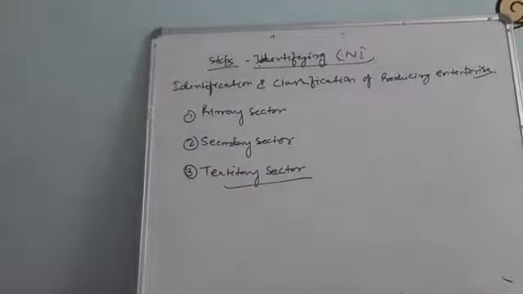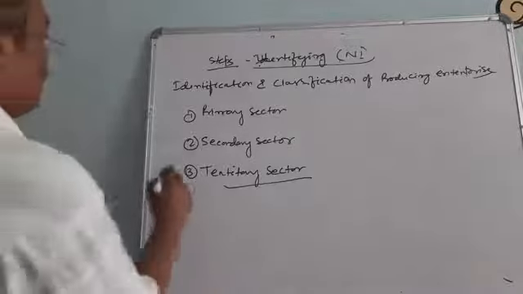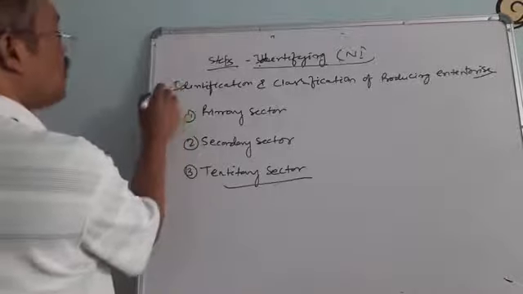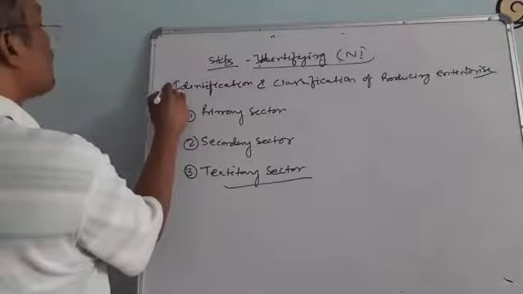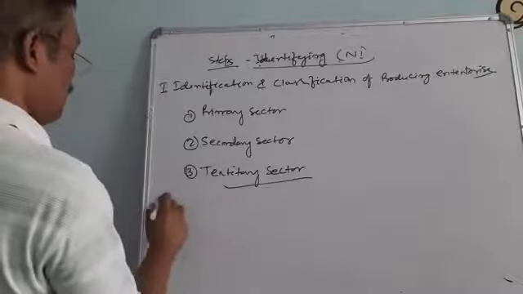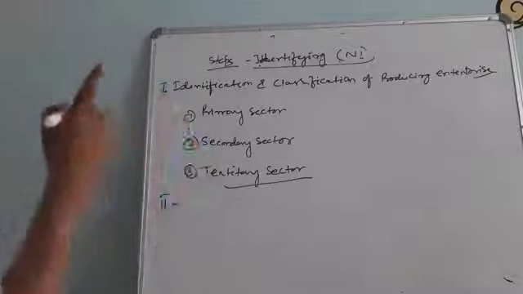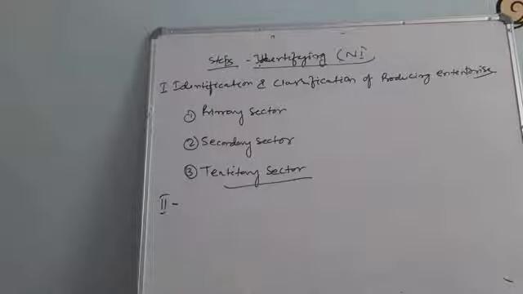These are the three classifications: primary sector, secondary sector, and tertiary sector. You already know what is primary sector, what is secondary sector, what is tertiary sector. I will not discuss more. After this, second step, classification of factor income. So first point is identification and classification of producing enterprises: primary, secondary, and tertiary sector.